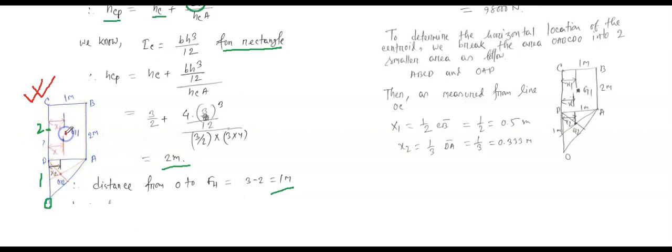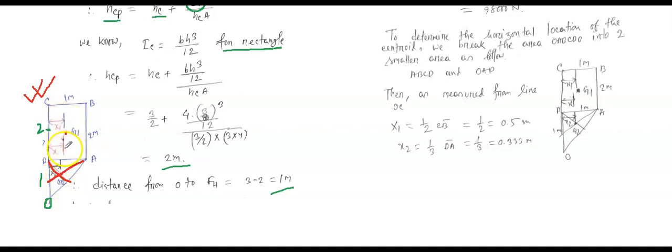You see, this is G1. But for the triangle, to get the right centroid point, you need to draw a line from this point A on this surface. So we'll just draw a line like this and we'll divide it like this. So we will get this point. This is actually the centroid for this triangle. So let's say this is G2.